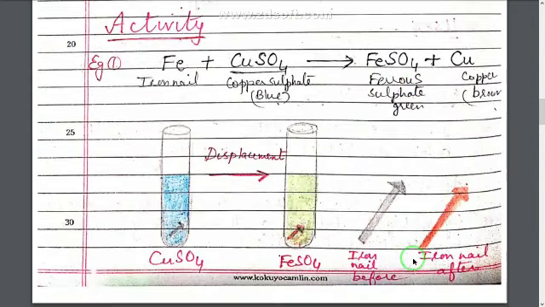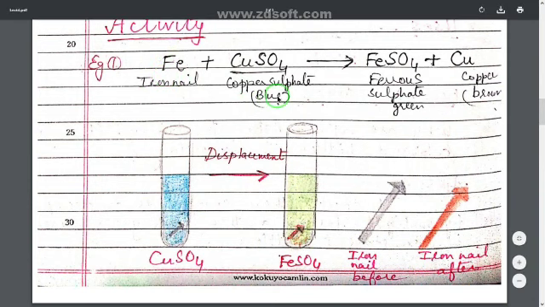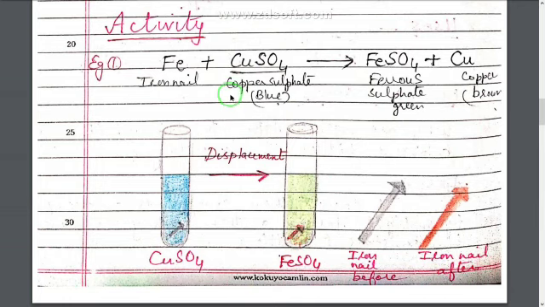When an iron nail is dropped in copper sulfate solution, which is blue in color, a reaction occurs, ferrous sulfate is formed and copper is precipitated. Here iron metal is more reactive than copper metal.